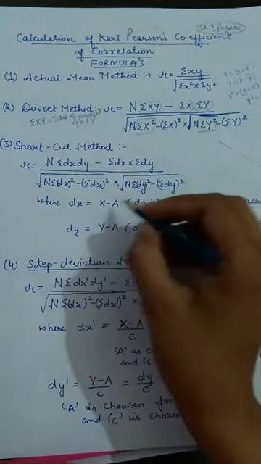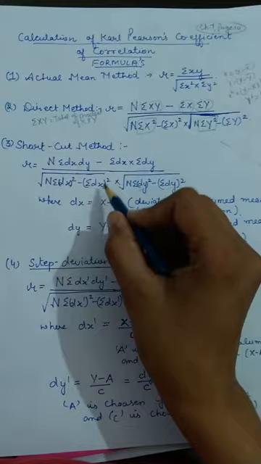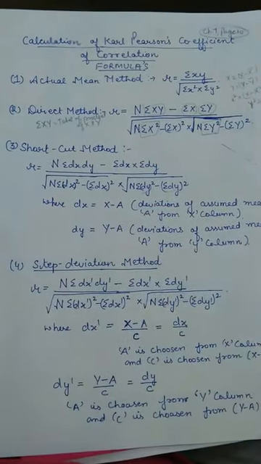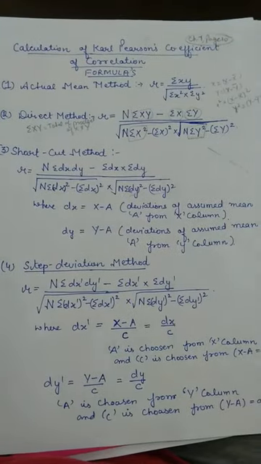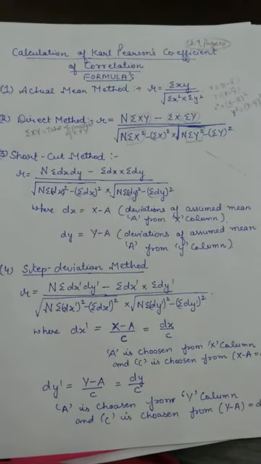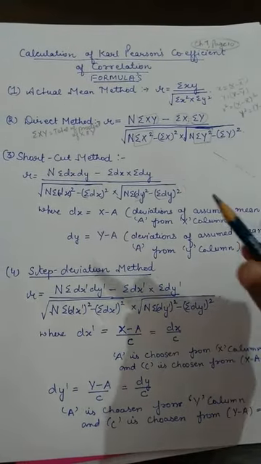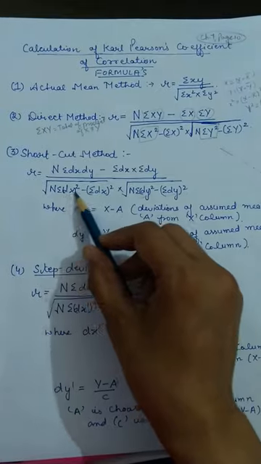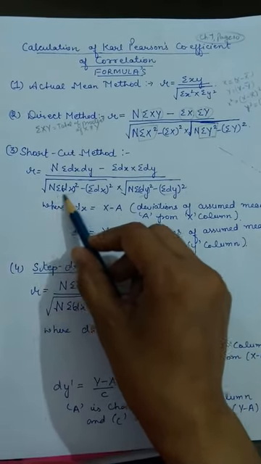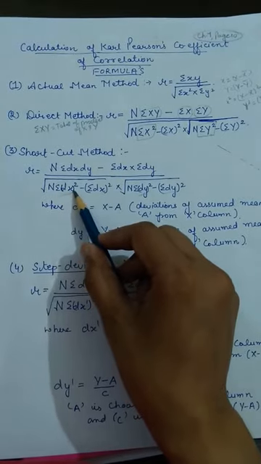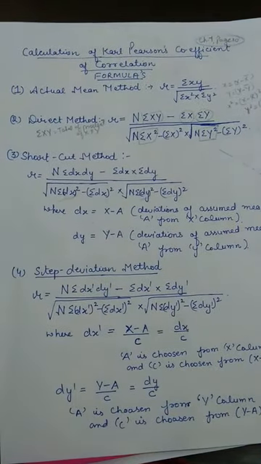And what is your sigma dx square? It is the total of dx square column. Whatever value you will get in dx, at last you have to write them and you have to square the total. Getting my point?